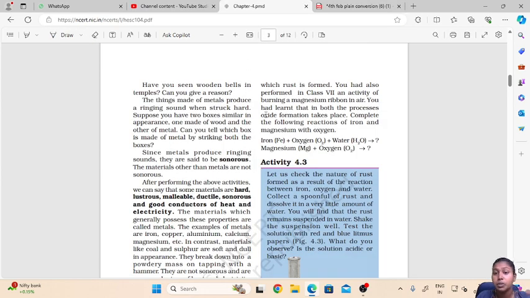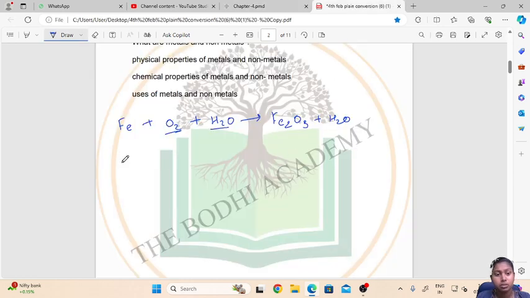Similarly, we have burned magnesium ribbon. In your 7th standard, you will have performed this experiment of burning a magnesium ribbon in air. So here also magnesium reacts with oxygen to form magnesium oxide.